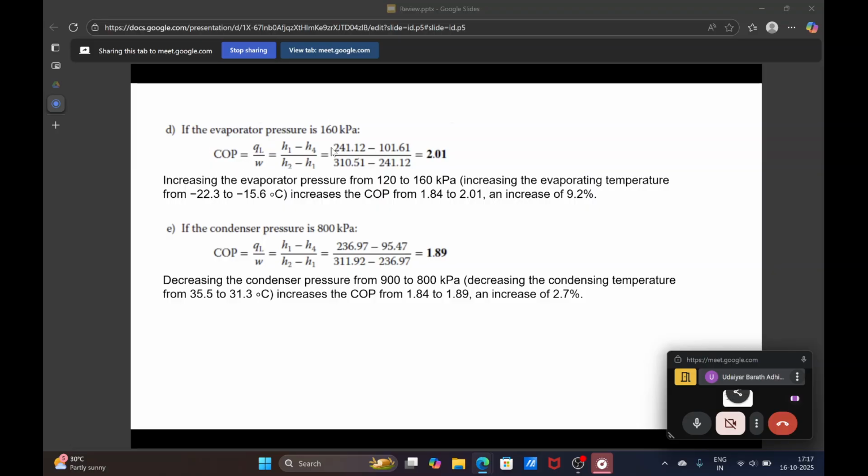So COP, if you write it in terms of enthalpy terms, is the cooling rate divided by the specific work. So QL by W gives you H1 minus H4 divided by H2 minus H1.